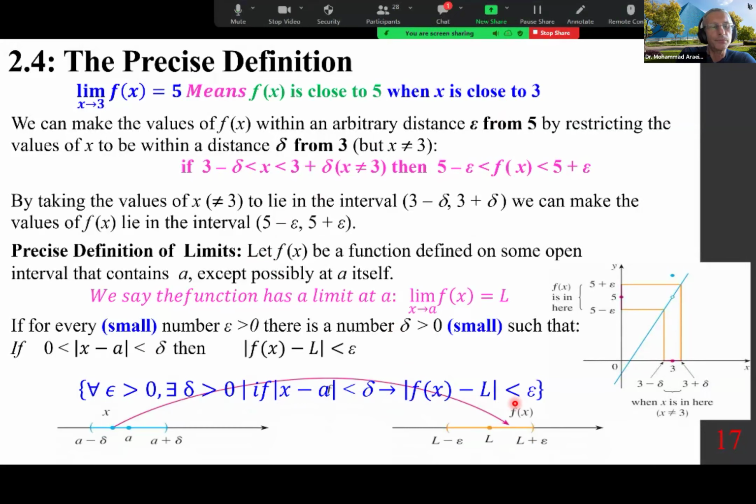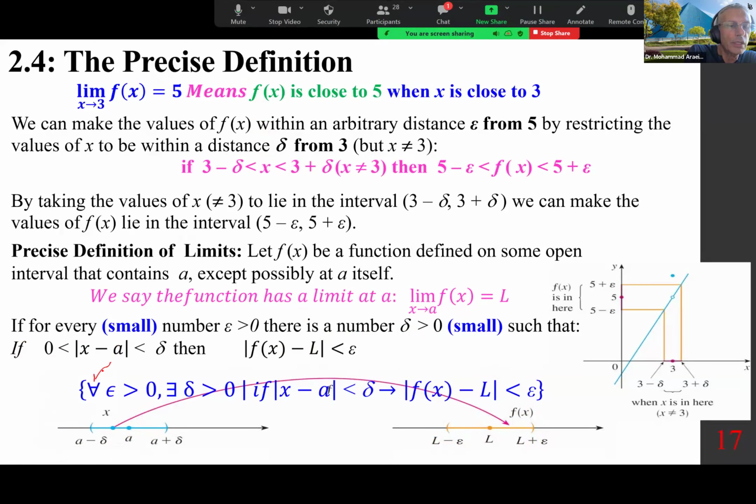And so x is somewhere between a minus delta and a plus delta, where f of x is somewhere between L minus epsilon and L plus epsilon. That's the precise definition.